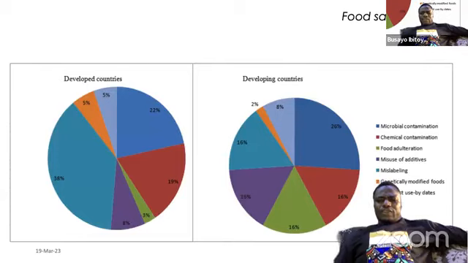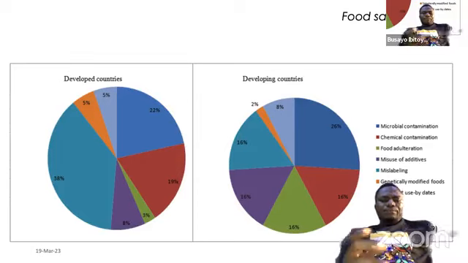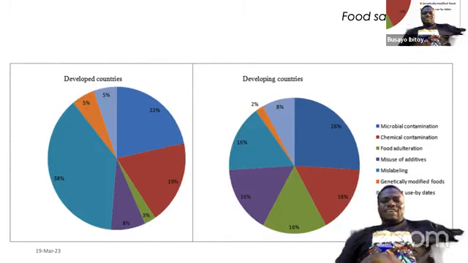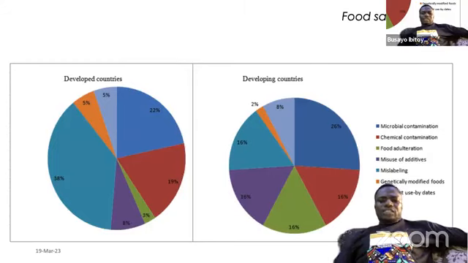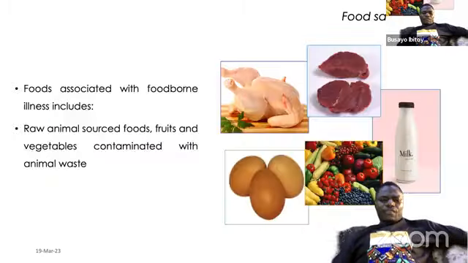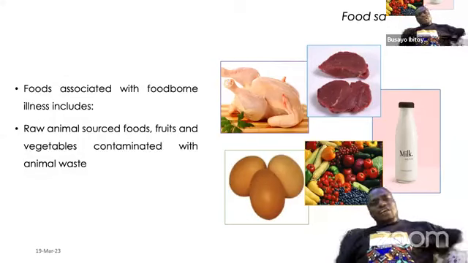A study done by GIZ in 2019 did a comparison of food safety issues between developed countries and developing countries. From this chart, we could see that for us in the developing countries, microbial contamination tops the chart of food safety issues.